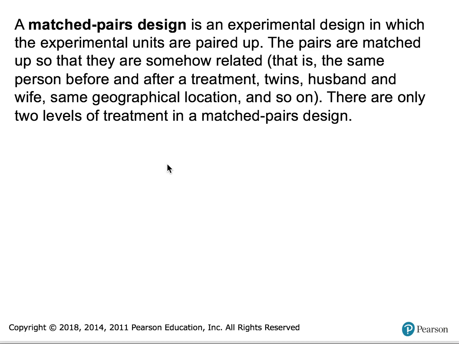One matched individual will receive one treatment and the other receives a different treatment. Okay, it's just a pair. The matched pair is randomly assigned to the treatment using a coin flip or a random number generator. Since it's always 2, you can flip a coin. Then look at the difference in the result of each matched pair. So let's look at an example of that.